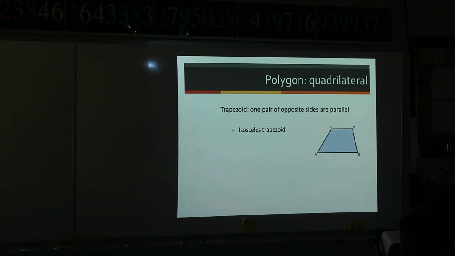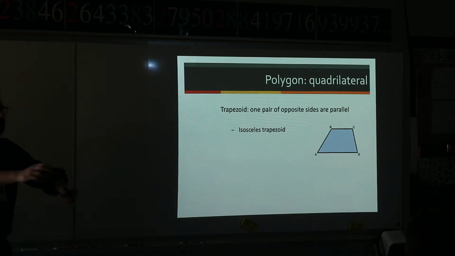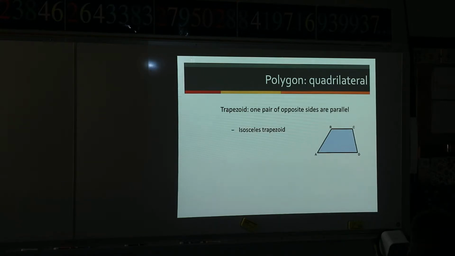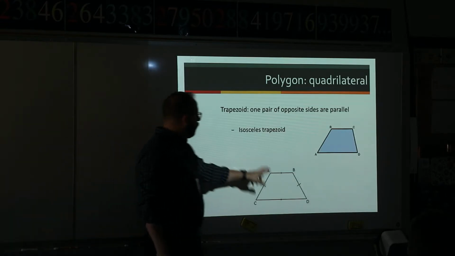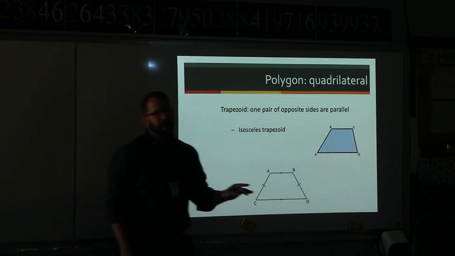Isosceles. Now, think about this. We talked about isosceles yesterday in class. What did isosceles mean, please? Two sides were equal. Boom. That's what you have here. It's a trapezoid, it has one pair of parallel sides, and the other pair are equal.